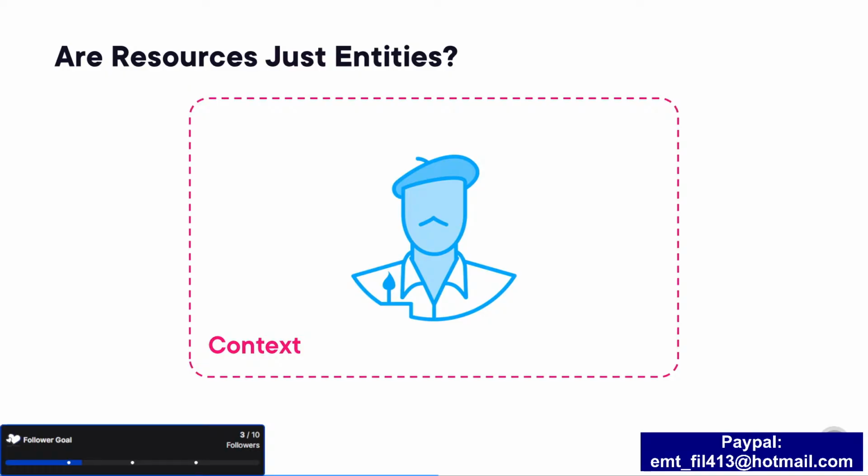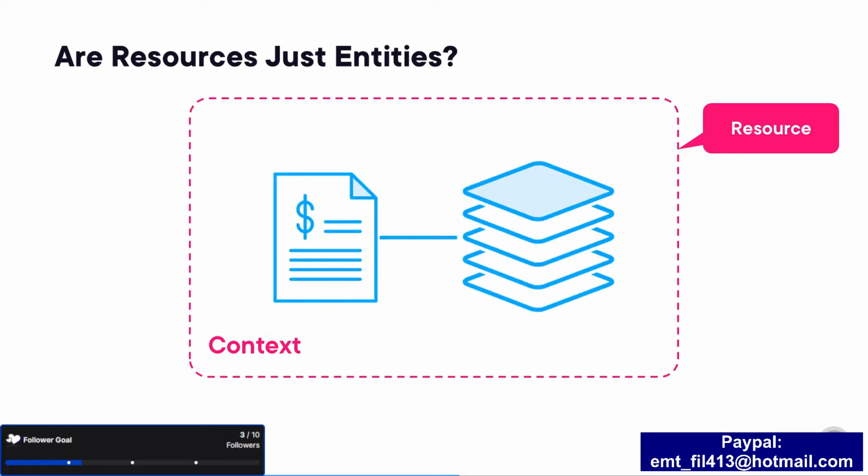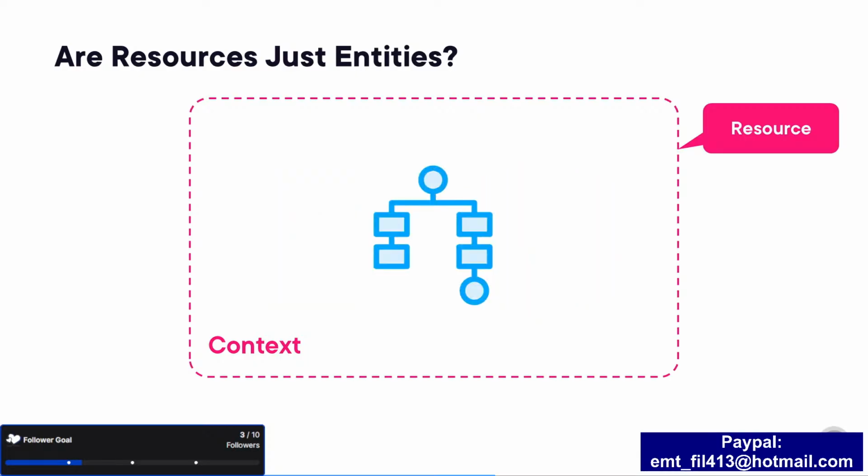I mean that when you're reaching out to get an entity, it might not just be one row in one table in one database. This whole thing ends up being a resource. So you can imagine it being like invoices and invoice items or order and order items, right? They're together going to be considered a resource. You're very rarely going to need to get one invoice item without getting the invoice itself.